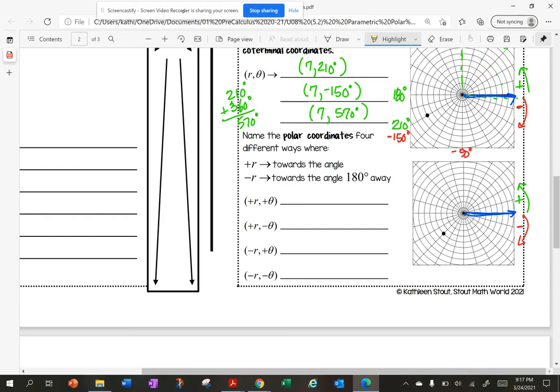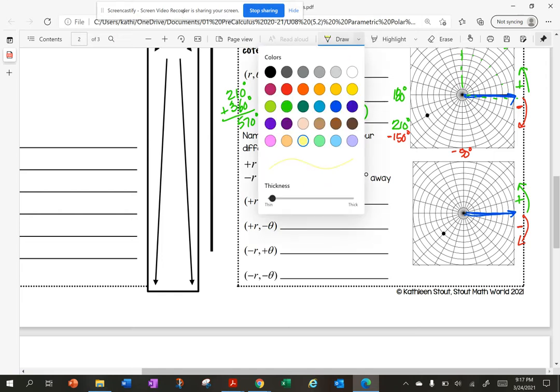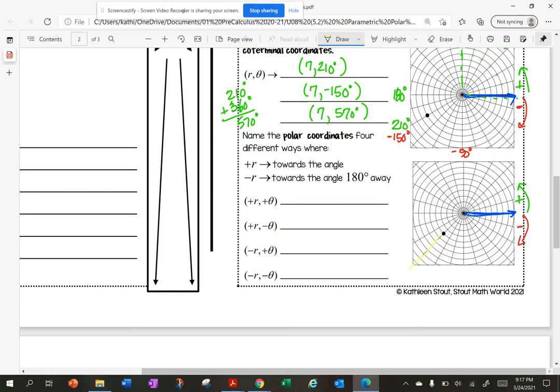So here's my point here. Not sure why that's not letting me highlight. Okay, so let's try this. Here, this is the line I'm talking about. So towards the angle is where the point is, and then 180 degrees away.